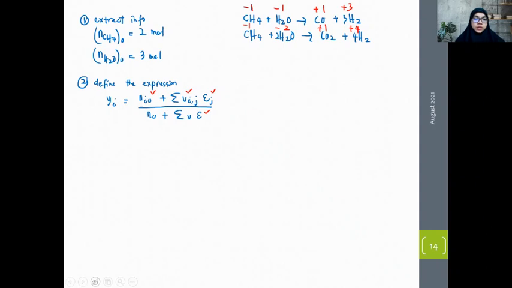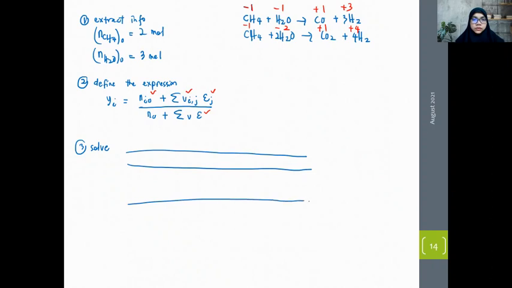Okay, the third step is to solve. To simplify this method, we may tabulate it into a table. The first is the reaction, or j.